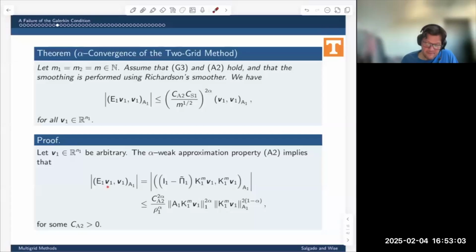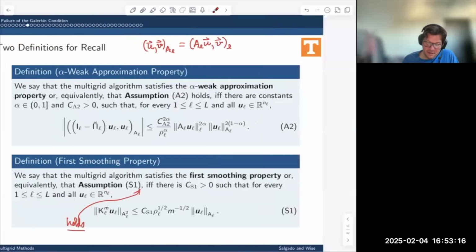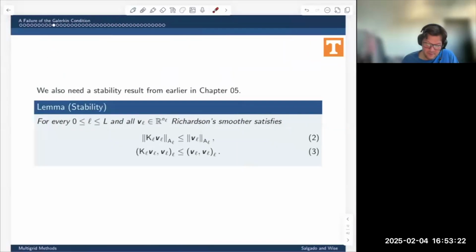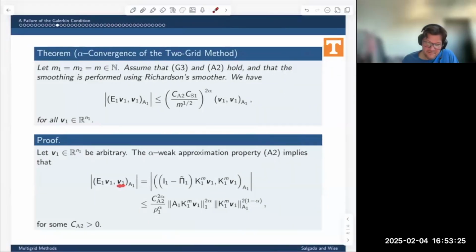And then I multiply by V1 and put that in against V1 in the A1 inner product. Well, I can use the fact that I've got a star here, and I'm going to throw that to the other side in my inner product and attach it to V1. That symmetrizes things. So when I do that symmetrization process, when I throw that to the other side in the A1 inner product, it changes from K1M star to just K1M.